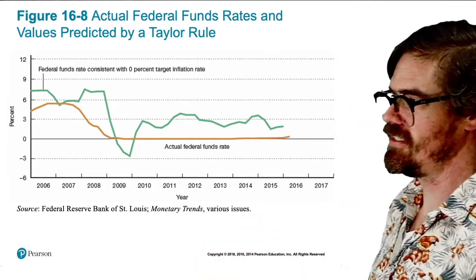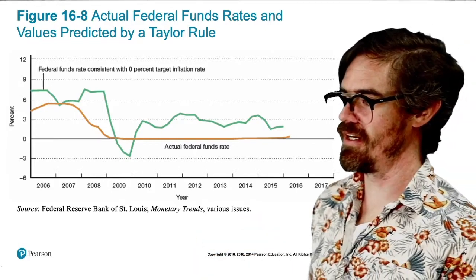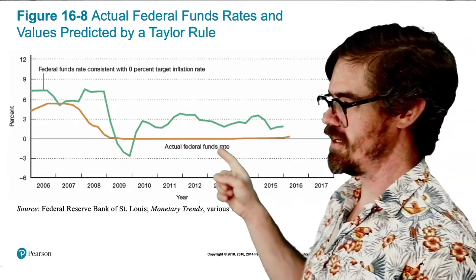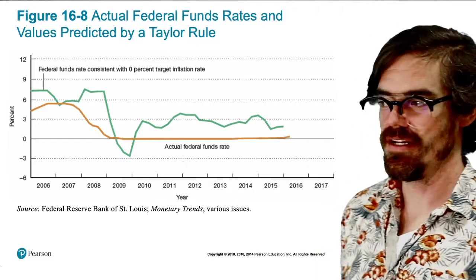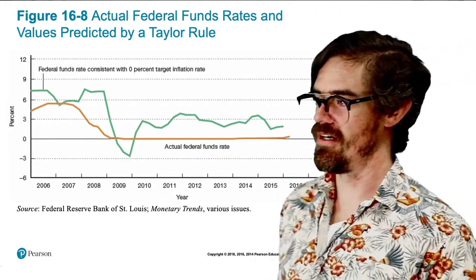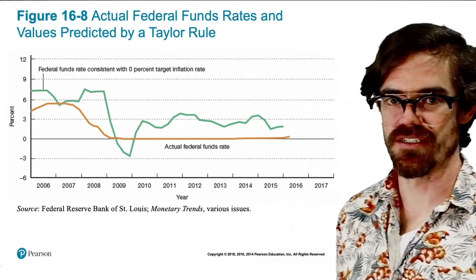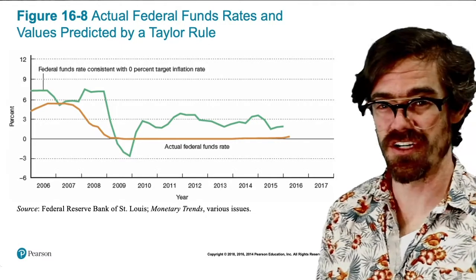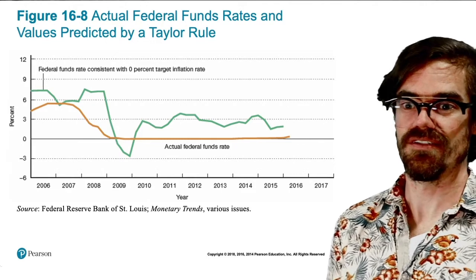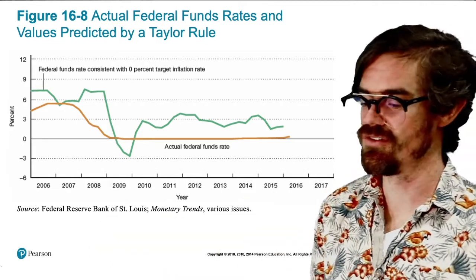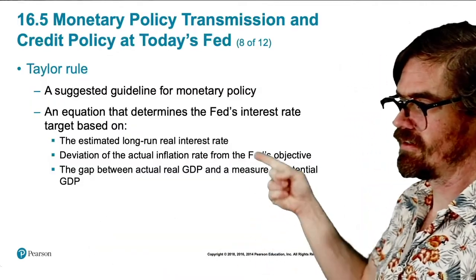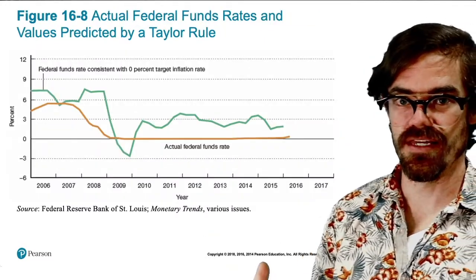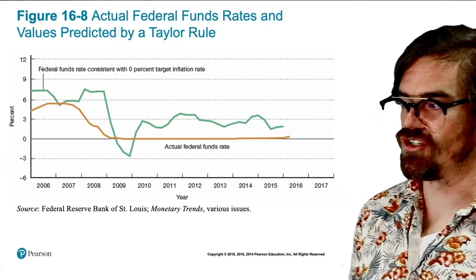So here we see the actual federal funds rate and values predicted by the Taylor Rule. The orange line is the actual federal funds rate, and the green line is the value of that rate predicted by the Taylor Rule, or I should say suggested. It is a prediction, I suppose, but it's really more that you're taking these values here, and the Taylor Rule is spitting out a suggestion, like what the Taylor Rule thinks the Fed should do with the federal funds rate.